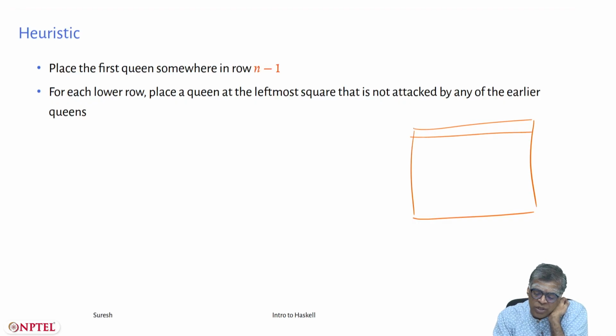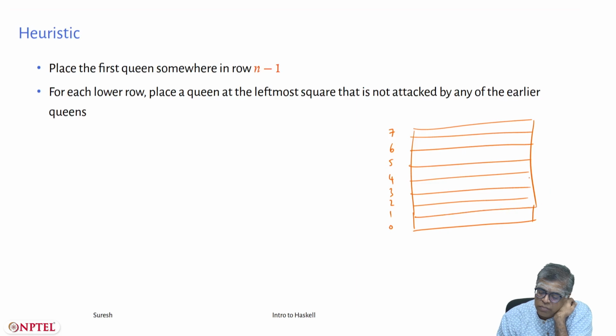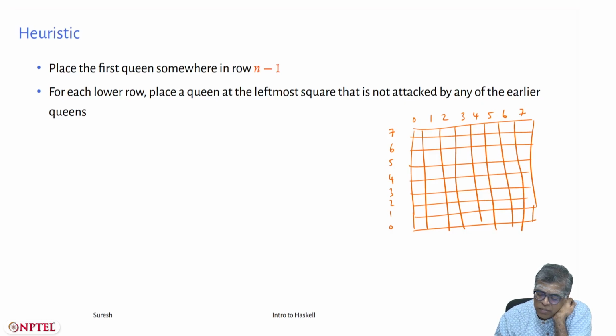I will place it in column 0. So this is 7, 6, 5, 4, 3, 2, 1, 0. Let me choose a different color for the placement.